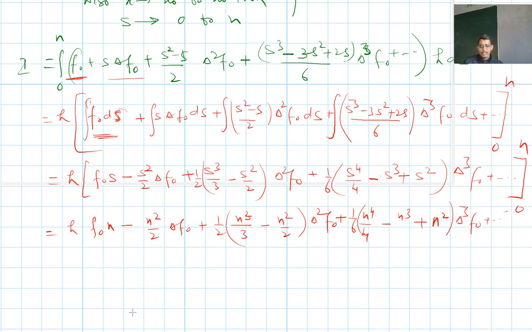So I have substituted the limits, and here I can take n common from every term because it is sitting with every term. So I can write that the integral is equal to nh.